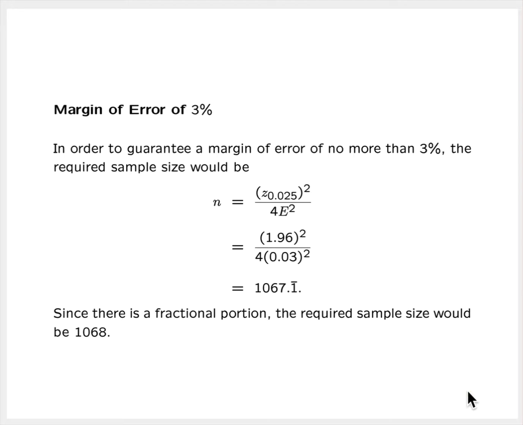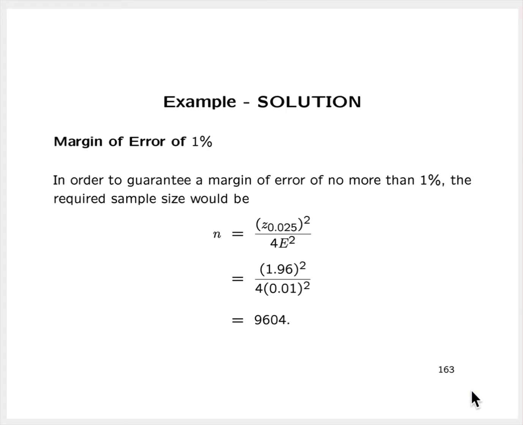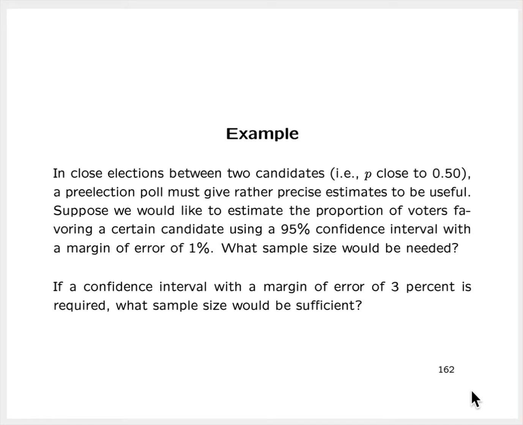Now, let me just say a few words about this process of estimating a population proportion. The examples that we've been looking at here are about estimating the proportion or the percentage of voters who favor a particular candidate. And this is very appropriate for us to be talking about because we are in the midst of a presidential election.